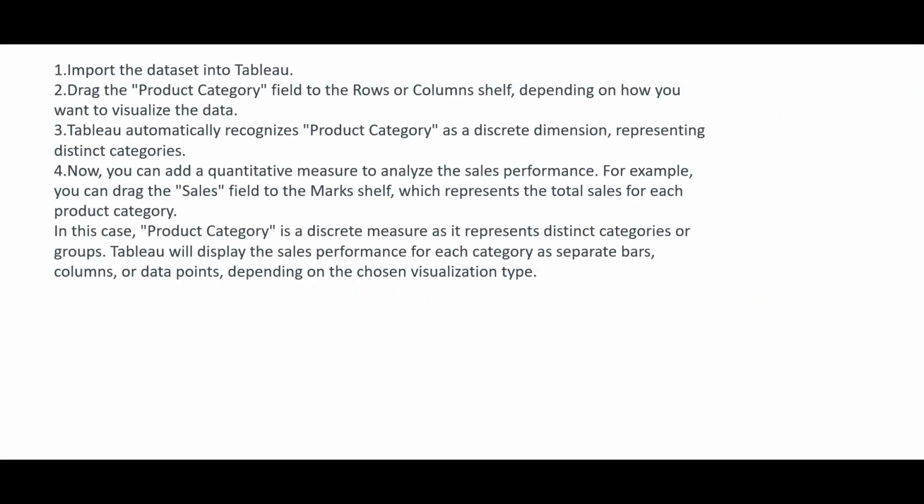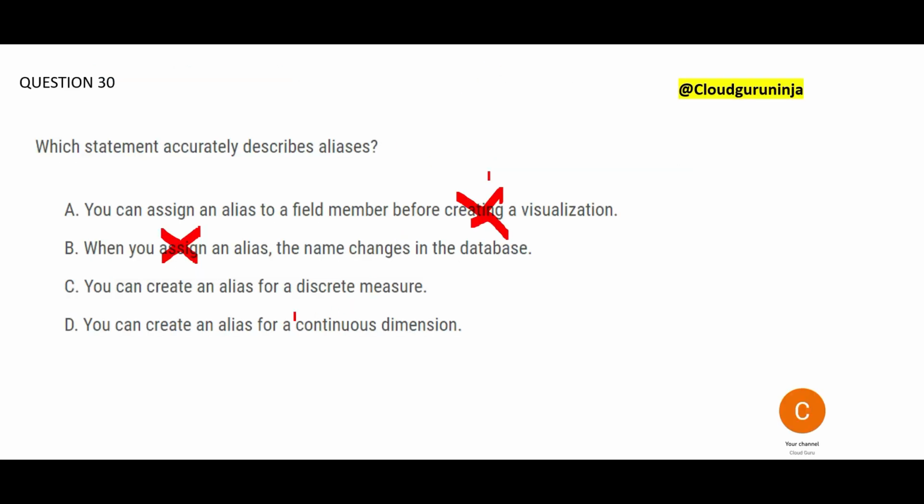See, I'll give you an example here. Like when you're creating a dashboard, you drop product category, which is your discrete dimension. But then the moment you add some quantitative measure, like sales performance, you want to see sales based on product category. The moment you do that, your product category becomes a discrete measure. So that is why continuous dimension. Continuous dimension means what?